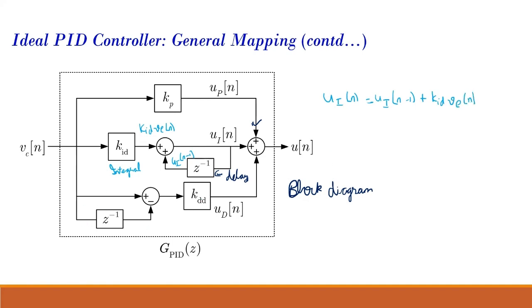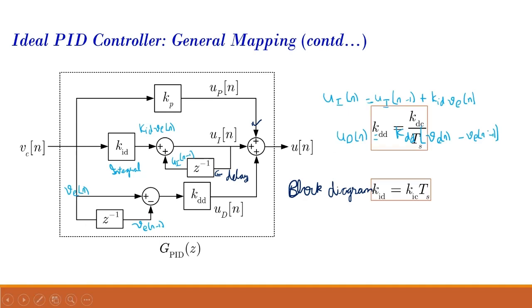Similarly, for the derivative part we will have ud of n. This is my ve of n, and because it is delayed by 1 unit, it will be ve of n minus 1. So this will be kdd into ve of n minus ve of n minus 1.